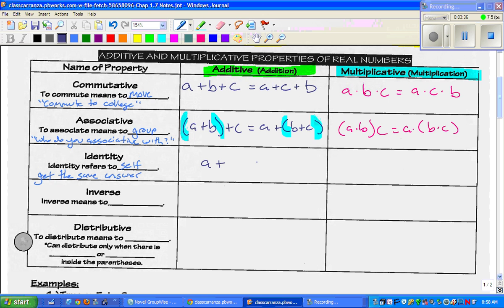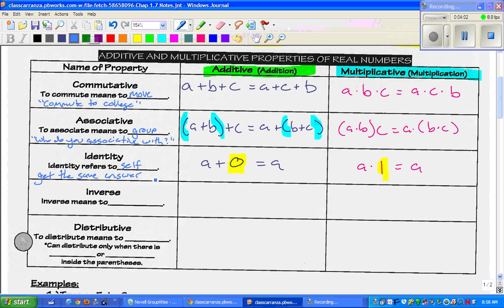So A plus what is going to give you A? Hopefully you're saying 0. That's the key thing right there. Now, with multiplication, what number do you multiply to get the same answer? Hopefully you're not saying 0. That answer is 1.